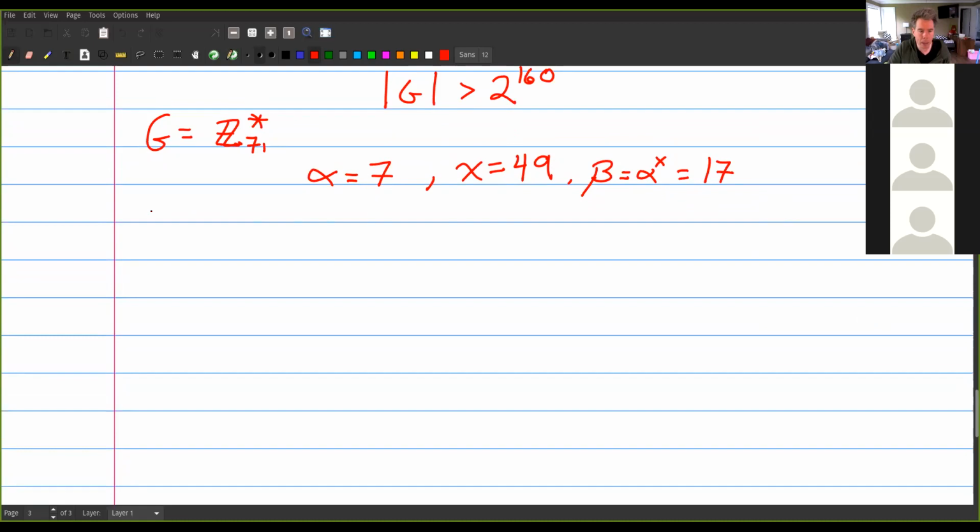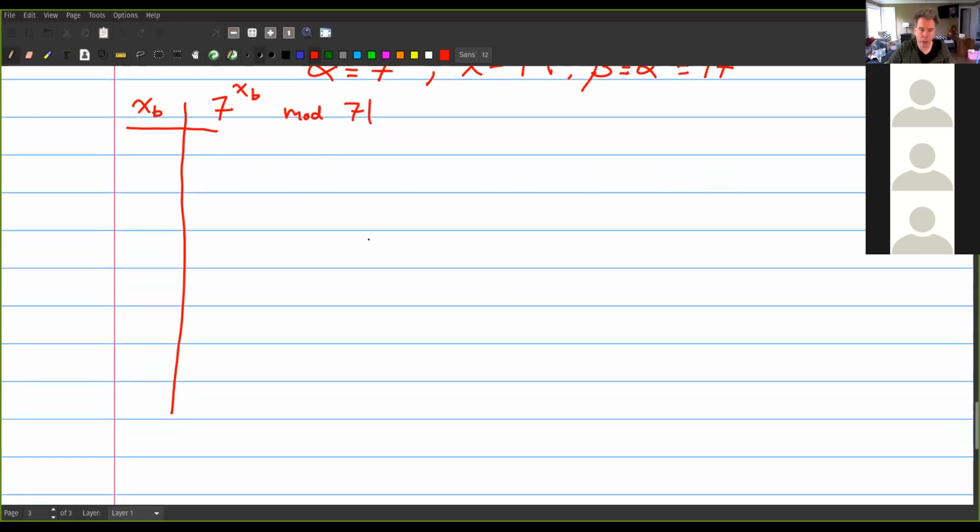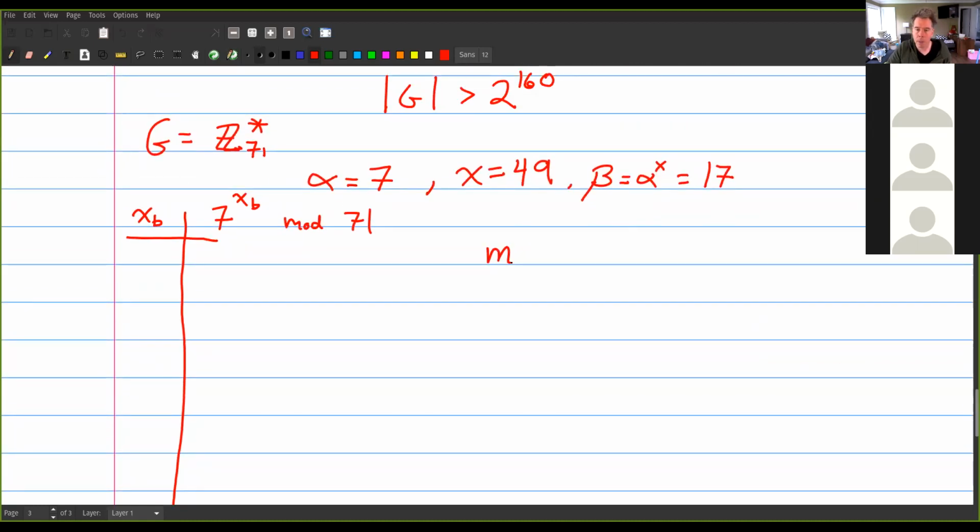So first let's make the baby table. I'll write down all the possible baby x right here, and this is going to be 7 to the xb mod 71. I did this earlier using Python. Oh yeah, so what is m here? M is the ceiling of the square root of the cardinality of this group. The cardinality is 70, so m turns out to be 9.